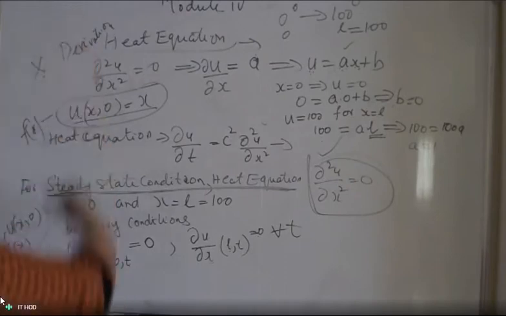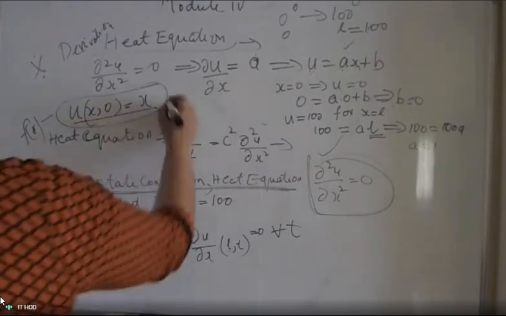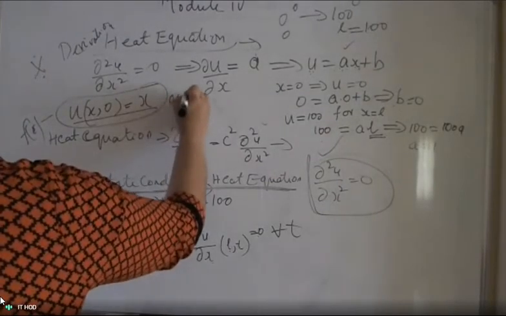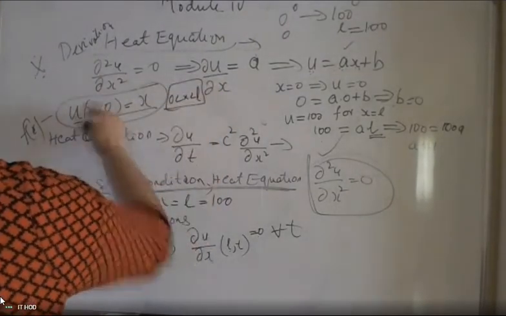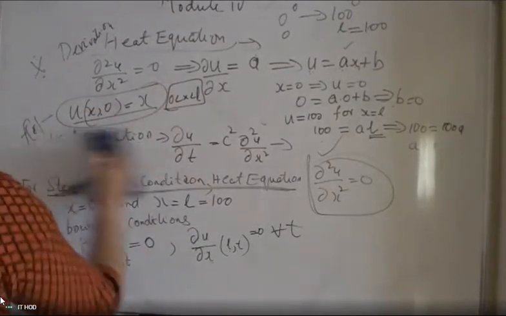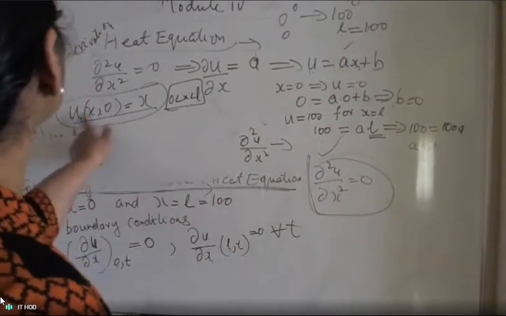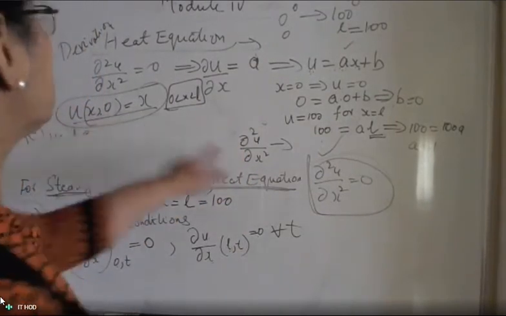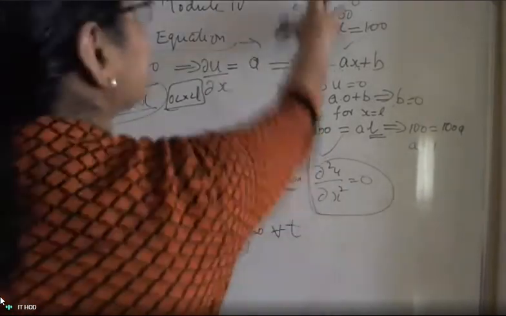Now we are going to use all these conditions we have in order to solve that. So from where do we have to start? This is for 0 less than x less than L. In between this 0 and 100, we are using this. Now we use this steady state equation in order to find U(x, 0) using this condition.